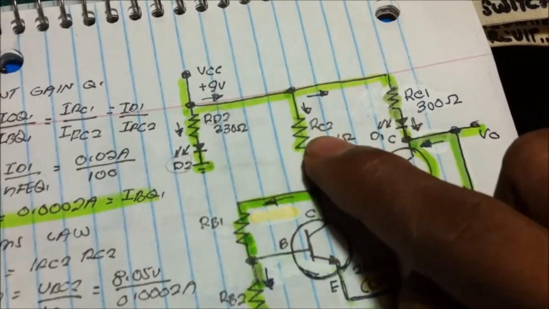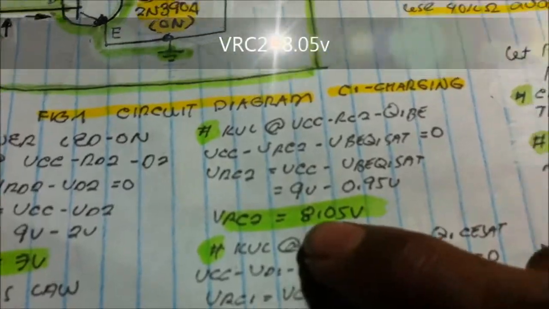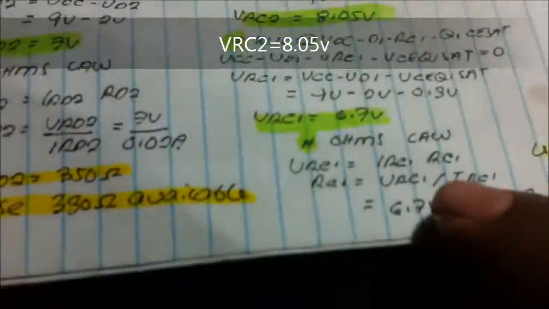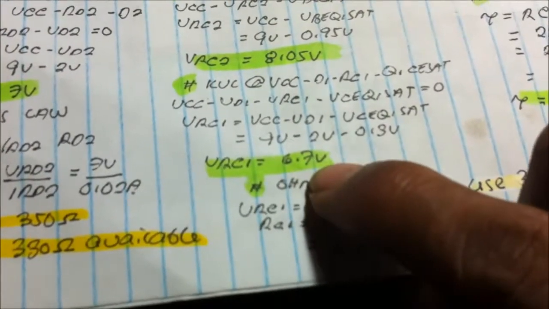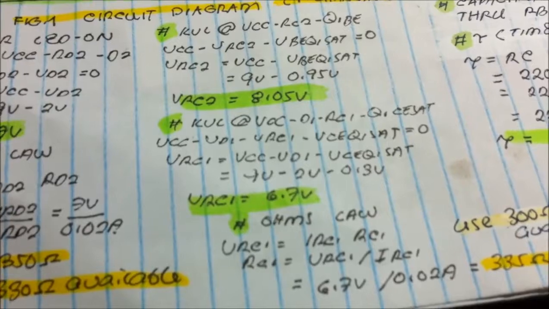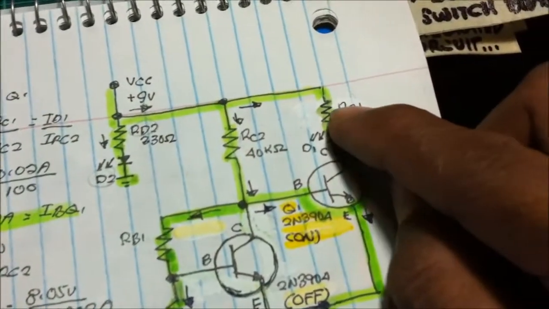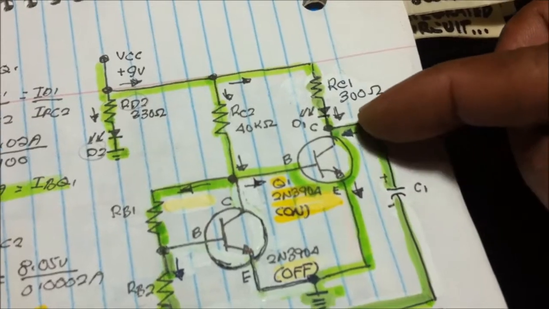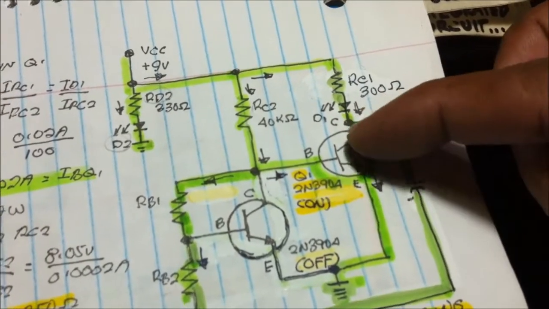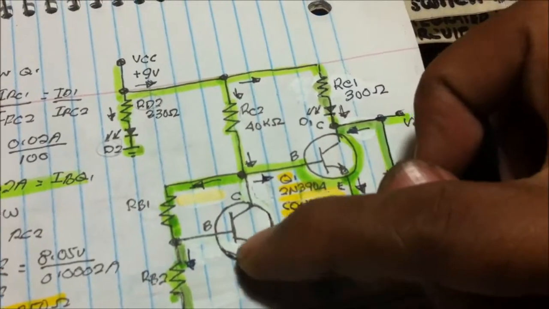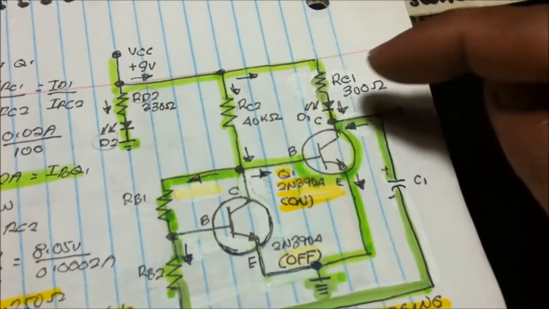Okay, the voltage drop at RC2 is 8.5, the voltage drop at RC1 is 6.7 volts. Okay, since we know the voltage drop here at this state when the capacitor is discharging, making this operate in saturation, this one is off, this one is on.